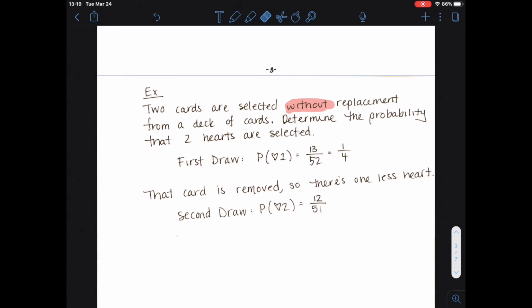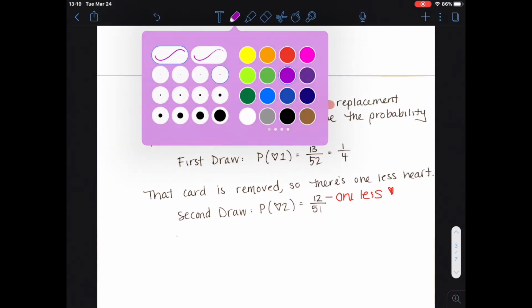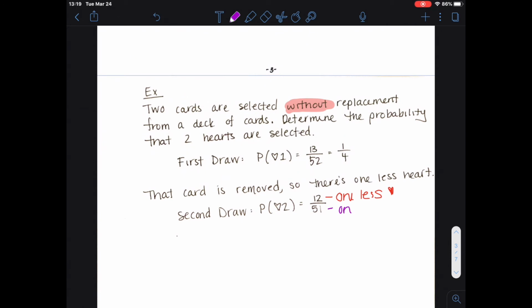So the second draw, instead of it being 13 out of 52, you've lost the first card, so you have 12 out of 51. So in the top, there's 1 less heart from that first draw. And then in the bottom, there's 1 less card as well.